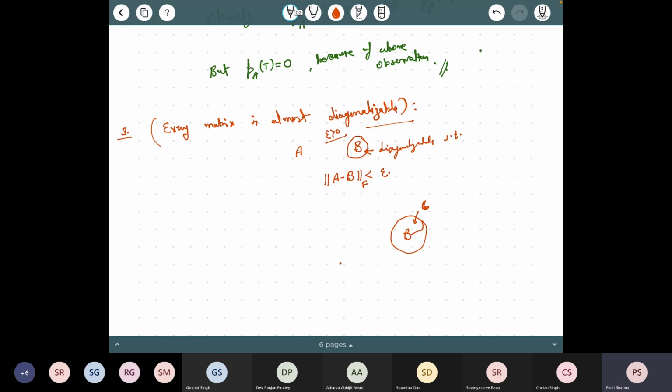Or you can say that singular matrices are highly sensitive, in the sense that if you enter a singular matrix and due to some error some entry changes, then it will become invertible. You can make these statements from what I'm going to write next. So let us write it properly now.